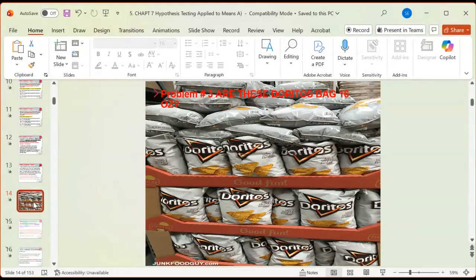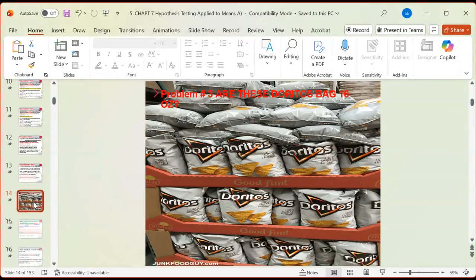If it says 16 ounces, that's like a pound, but you realize I don't think this is a pound because it was all air. So conduct research. You take a sample of these Doritos, and the number that you're going to compare with is 16 ounces. So you weigh every one of them, whether 50, 100, 200, the more the better. Find out the average weight for all your samples of bags of Doritos.